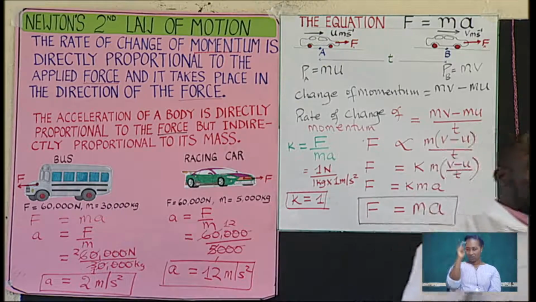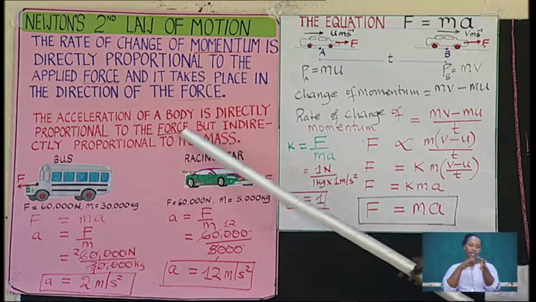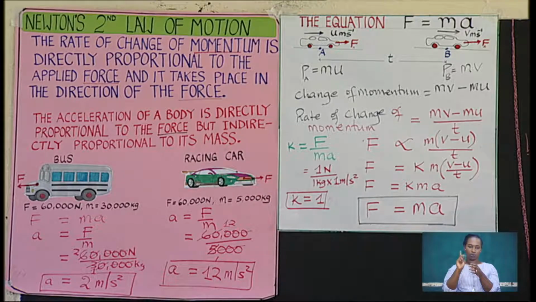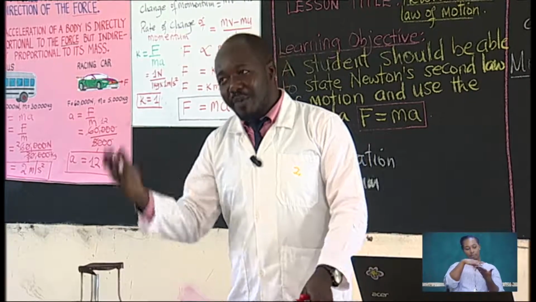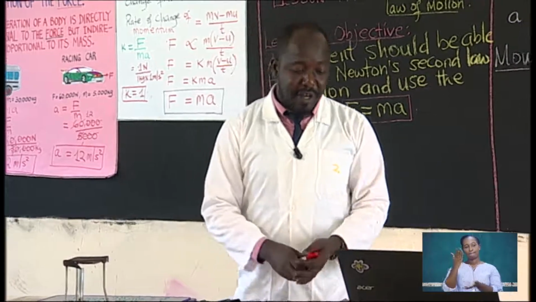So the bus will move at a smaller acceleration compared to the car. And that explains this statement of Newton's second law. For the same force, there will be more acceleration on the smaller mass, and there will be less acceleration on the bigger mass.